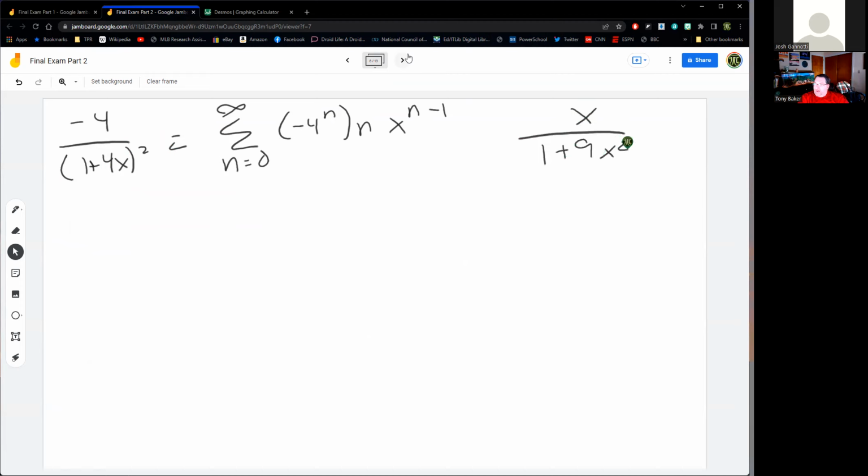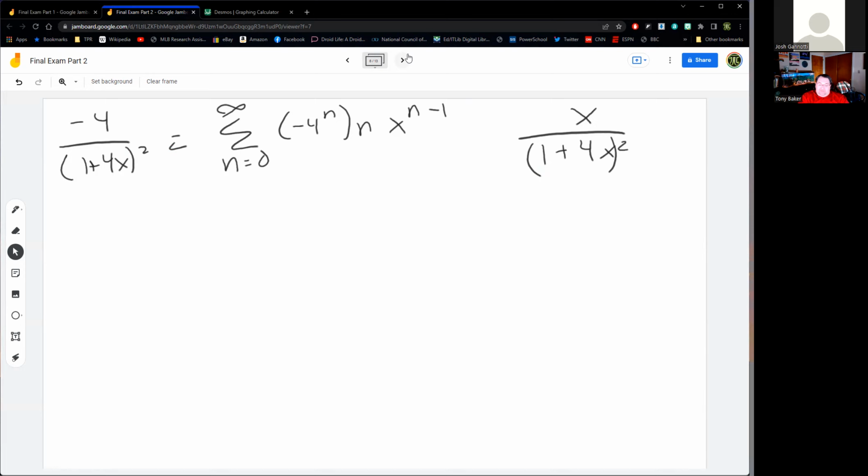That's what I originally wanted. I'm almost there. We've got the bottom. I'm missing that x. And I got a negative 4 here somewhere.